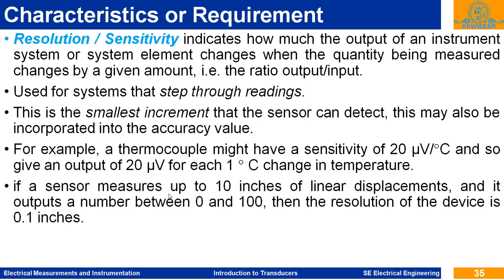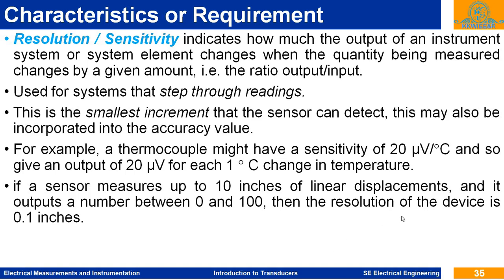If a sensor measures up to 10 inch, okay, means there is a linear displacement from 0 to 10 inch, and it outputs a number between 0 to 100. So this displacement is converted on the scale of 0 to 100.